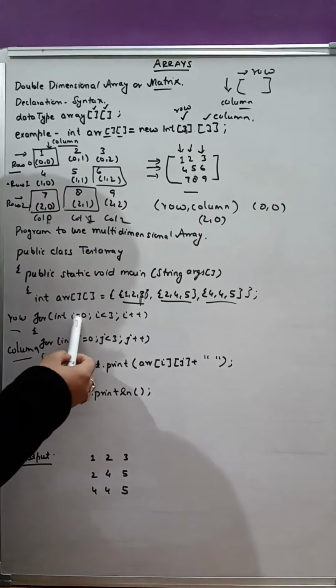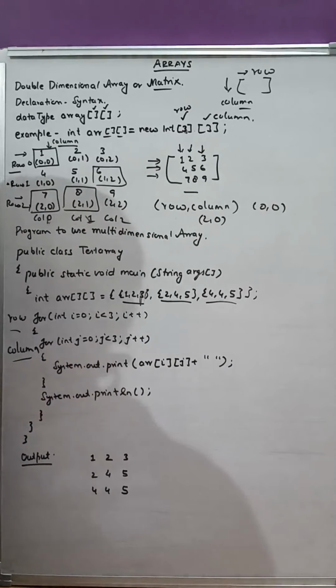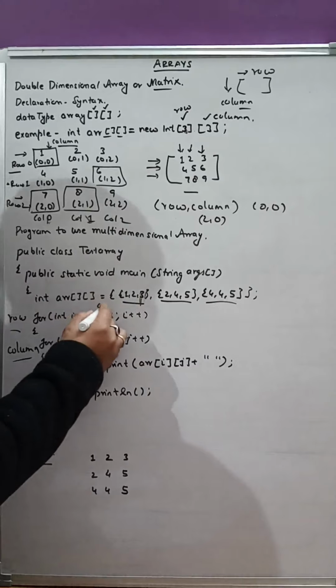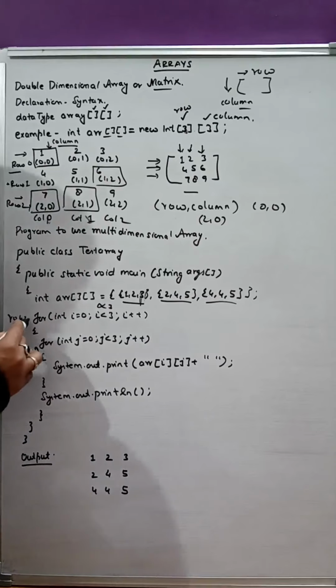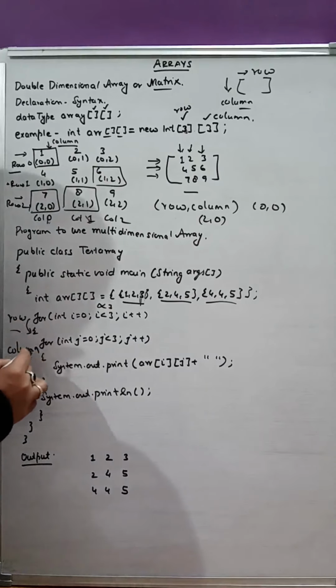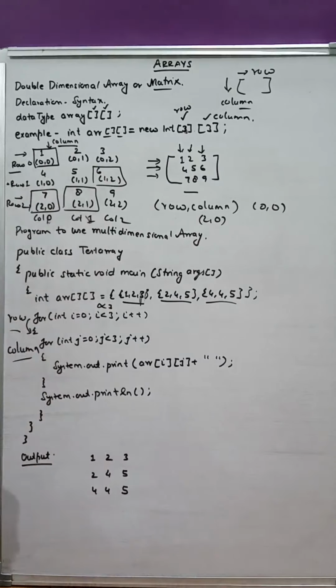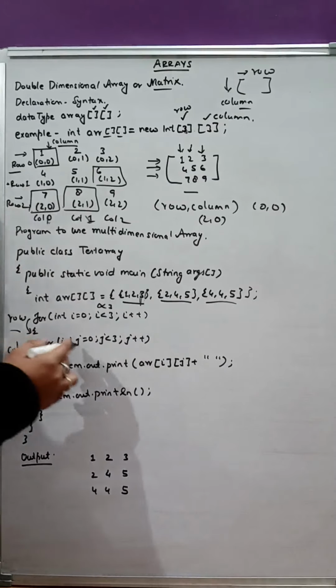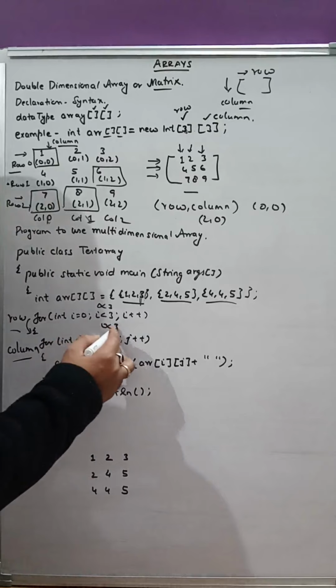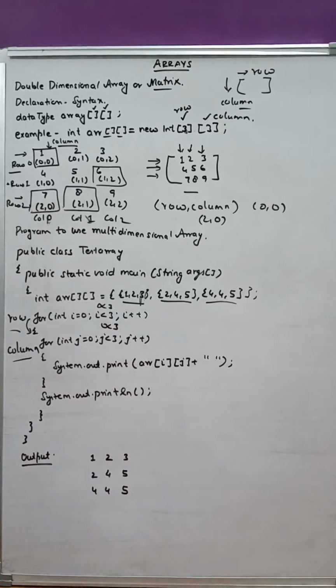At the very first, i is equal to 0 and the condition is checked: 0 less than 3 is true. So you enter the for loop body, finding another for loop inside it. In that loop again j is equal to 0, and 0 less than 3 is checked. This condition will be true.